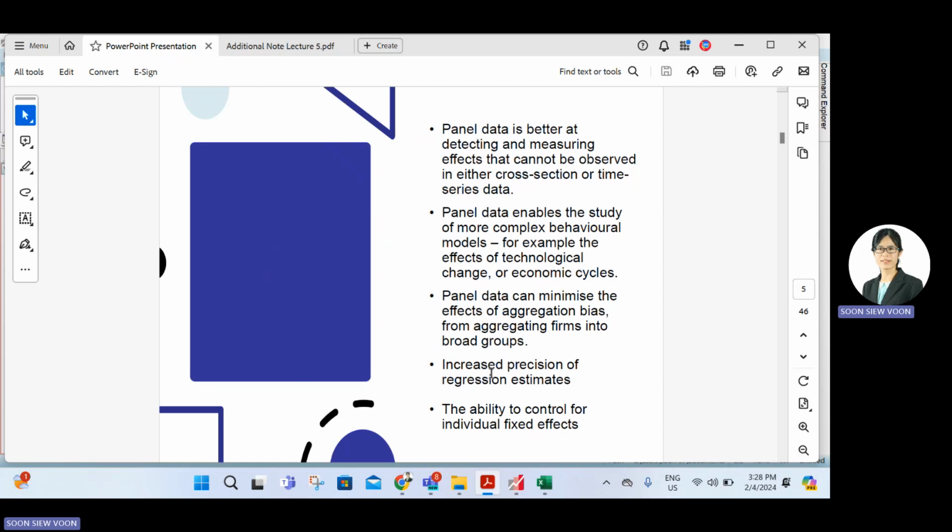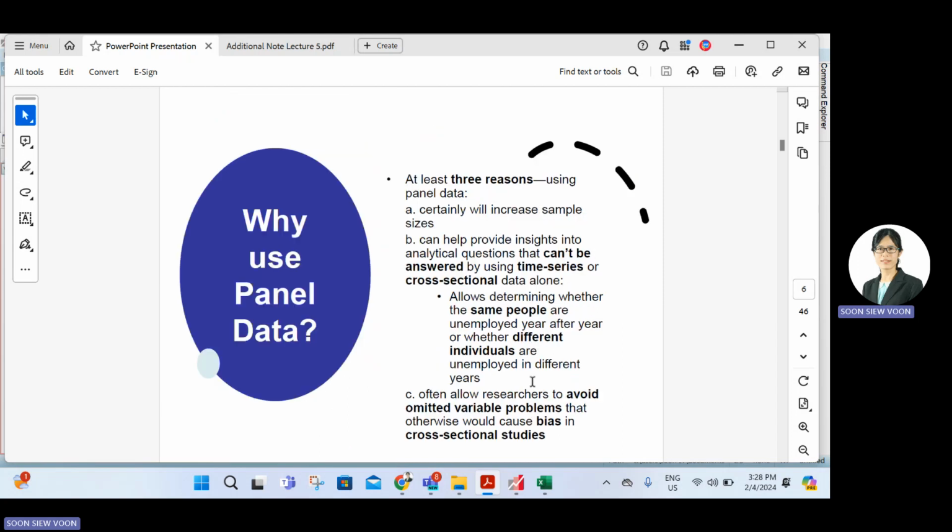So it tends to increase precision because you will have a lot of degrees of freedom, and you can also control for the individual specific effect. So why use panel? At least 3 reasons: increase sample size, provide insight which can't be answered by using just time series or cross-sectional data, and avoid omitted variable problems.